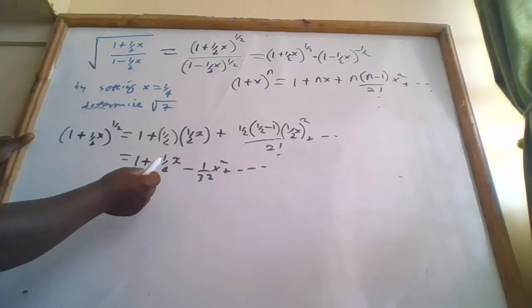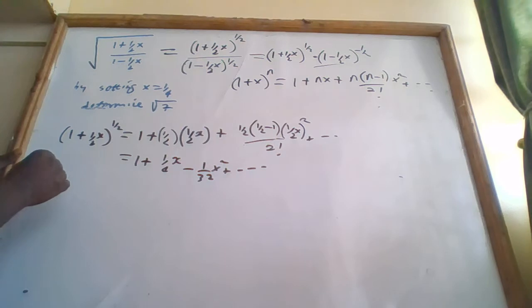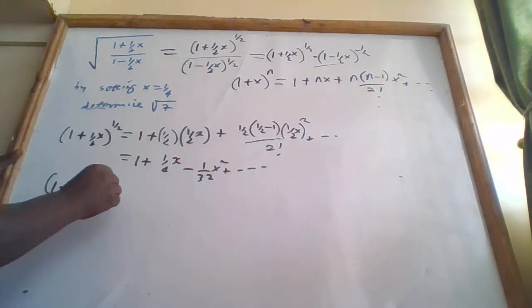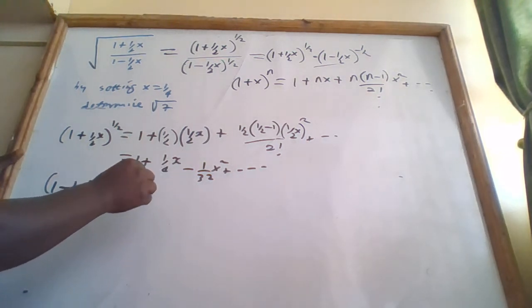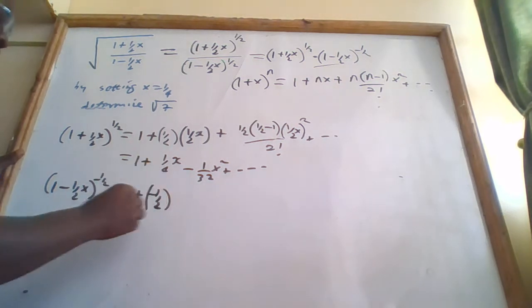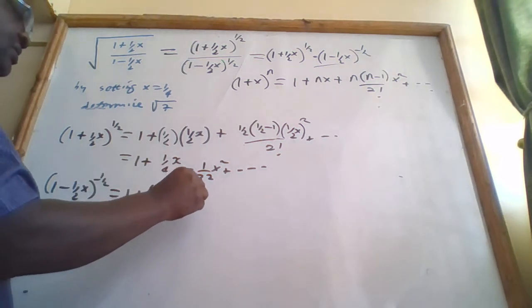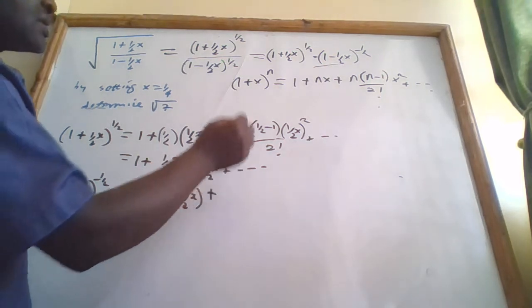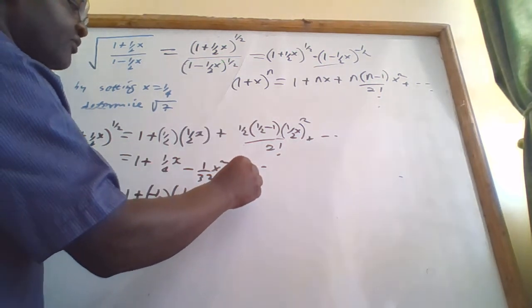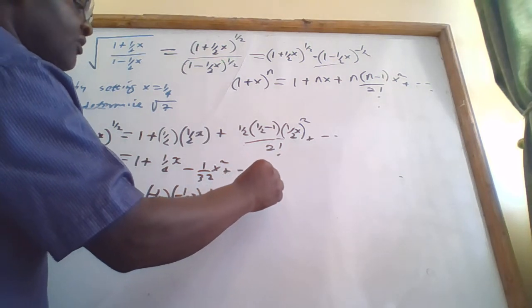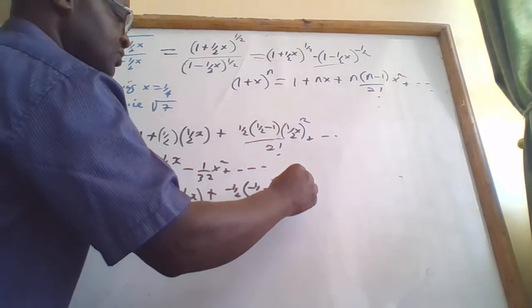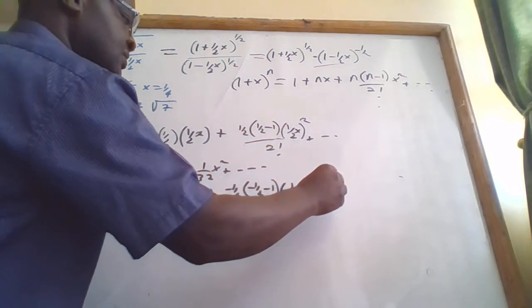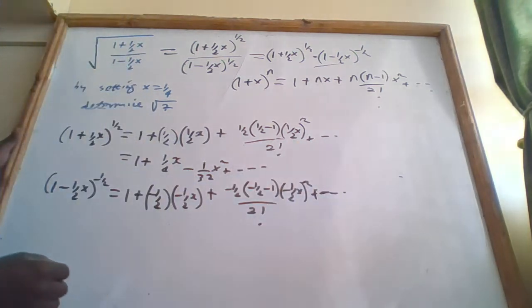Now after getting this, you can also expand this. (1 minus a half x) raised to negative a half equals 1 plus our n is negative a half, our x is negative a half x, then plus our n is negative a half into negative a half minus 1 over 2 factorial, times (negative 1 all over 2x) squared, like that.